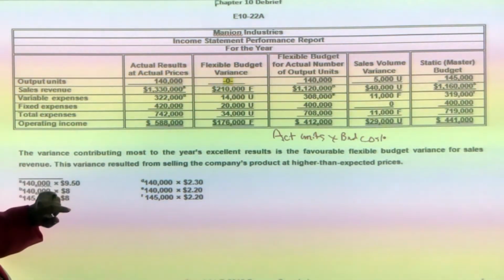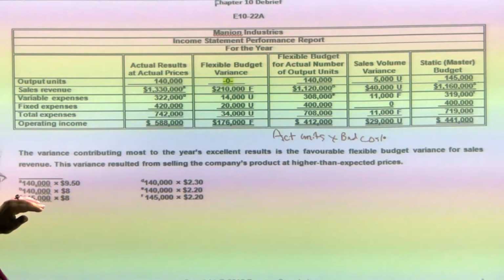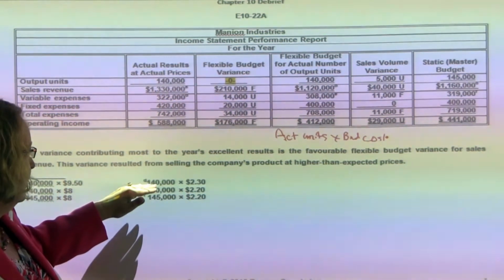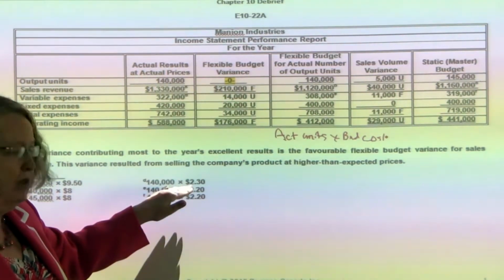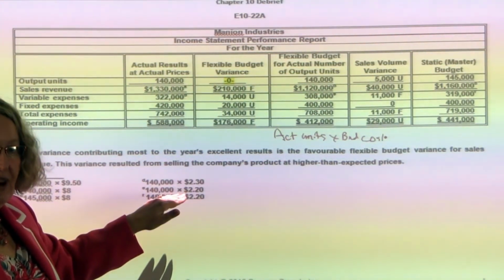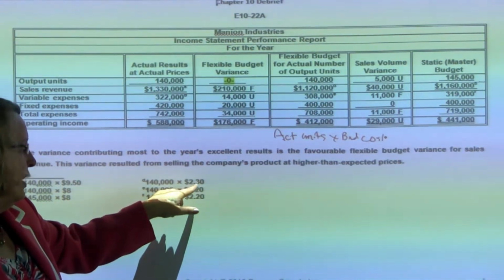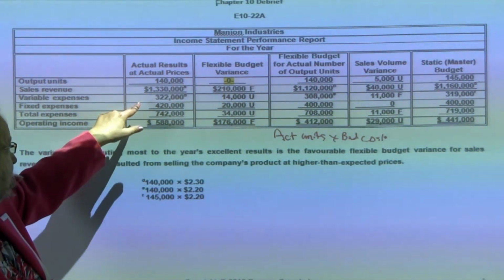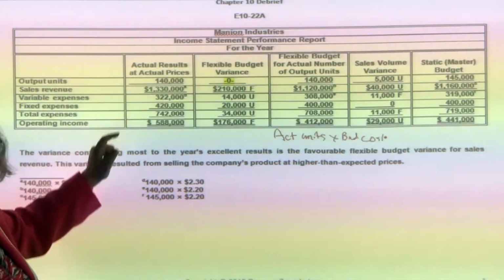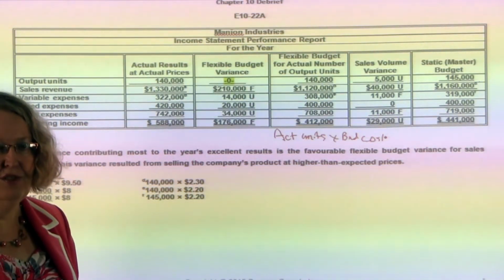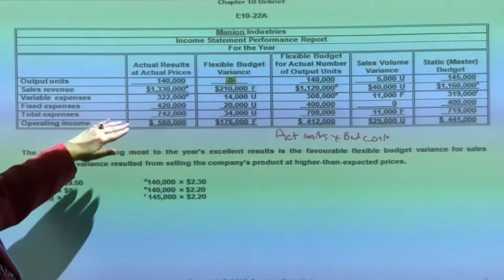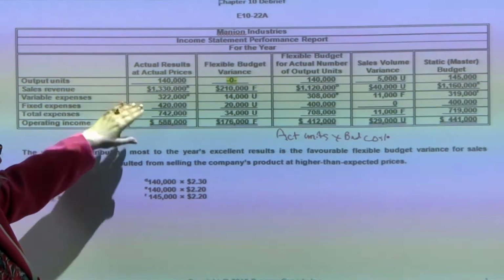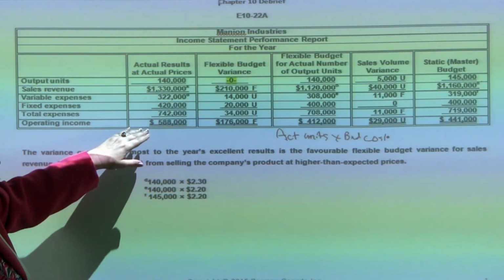Your variable expenses are based on the 140,000 units sold, and the actual cost per unit in variable expenses came out to be $2.30. Multiply these two, and you'll end up with your 322. Your fixed expenses, no calculation required there. That's given to you in the problem. Add those two together for your total cost, subtract that from your sales, and you get an operating income of $588.